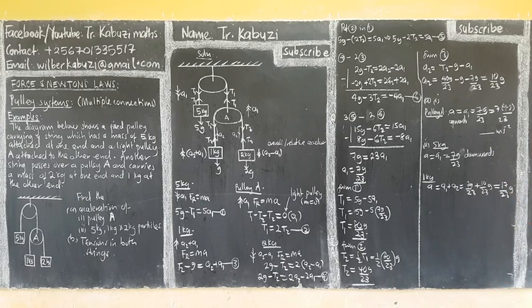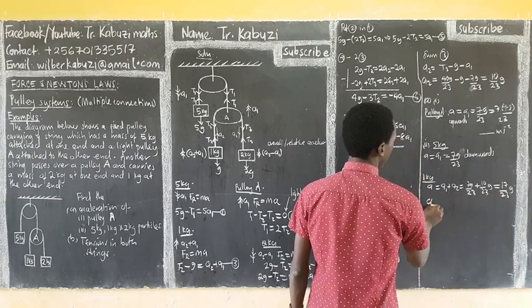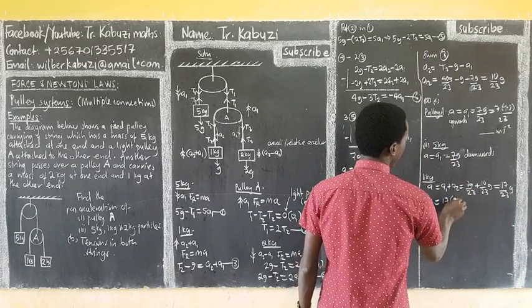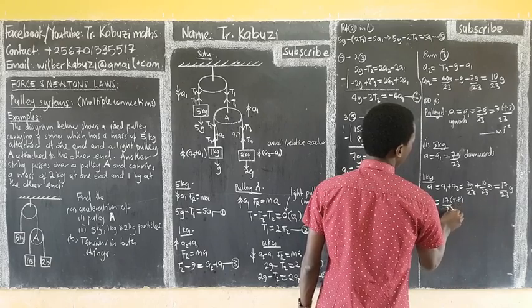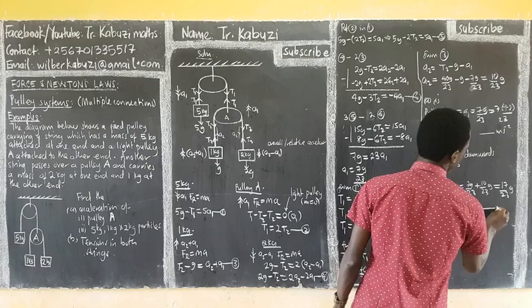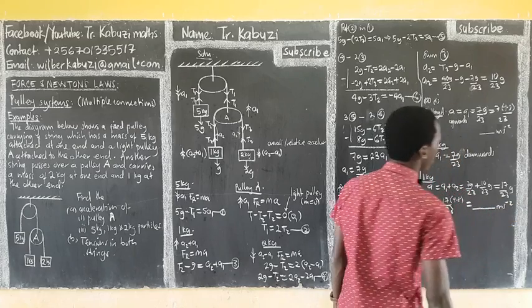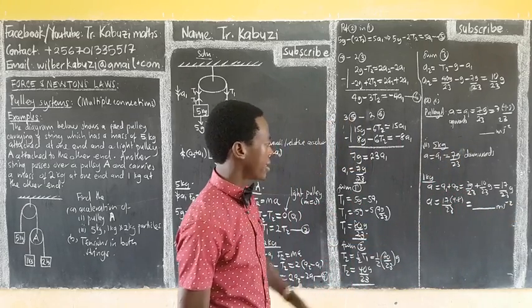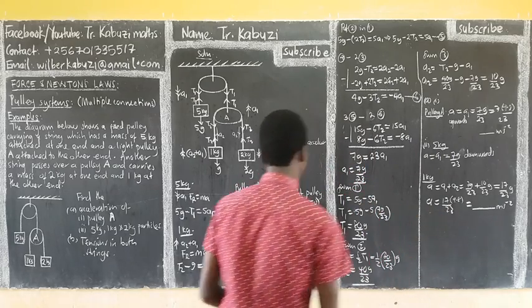You can substitute this g. So our acceleration will be 17 into 9.8 over 23, in meters per second squared. You give them to the required decimal places if they ask for the acceleration.